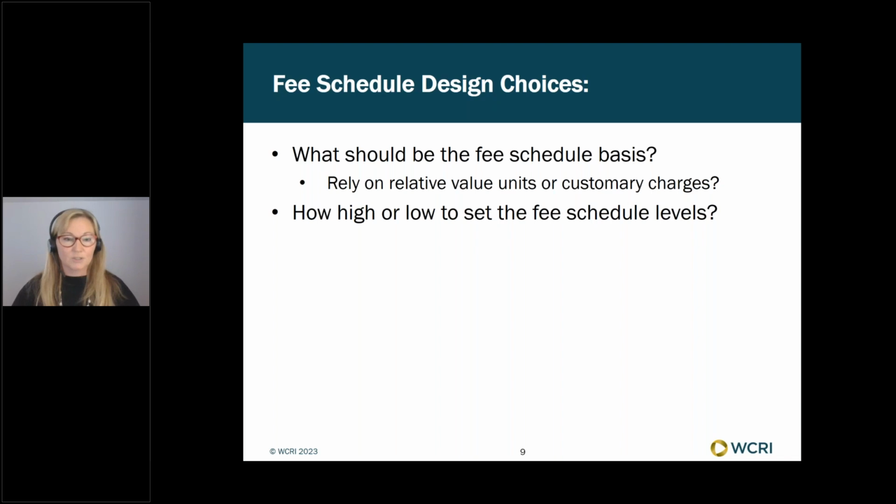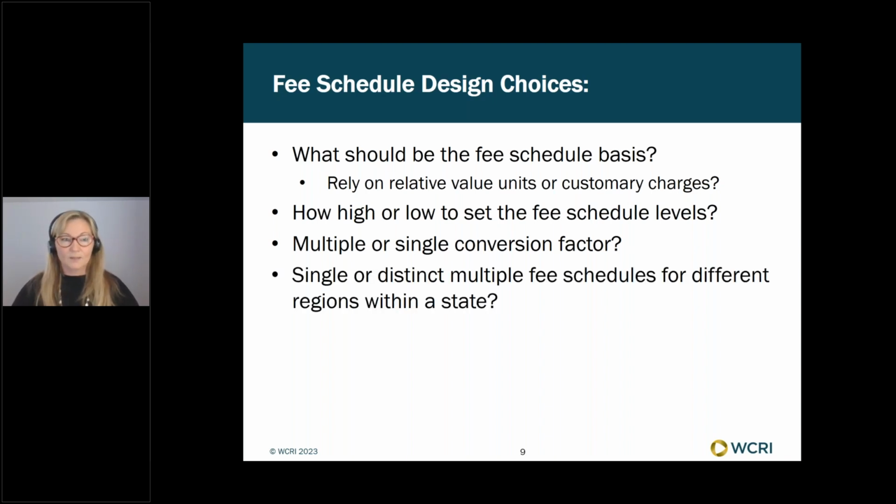And the next question is also related to fee schedule levels, and that's the conversion factor. And in particular, whether to set a single conversion factor for all services or different ones for different types of services. Then, should a state set a single fee schedule for the entire state or different ones for different regions?